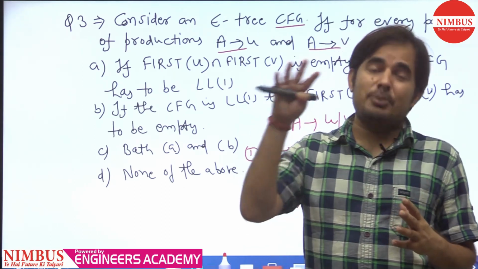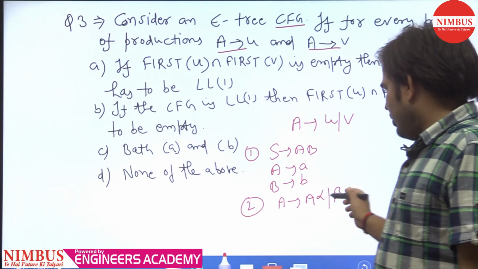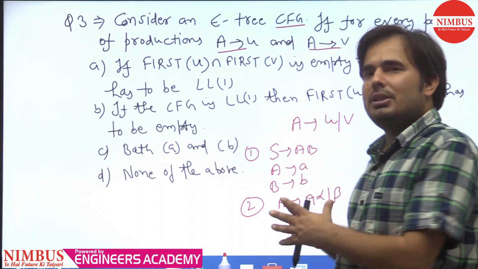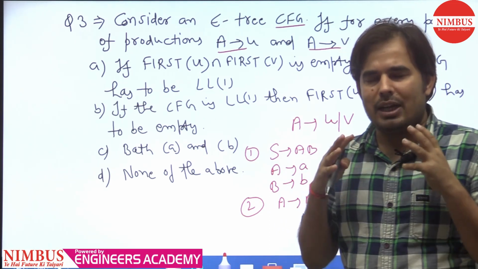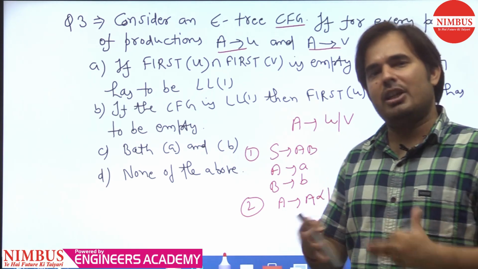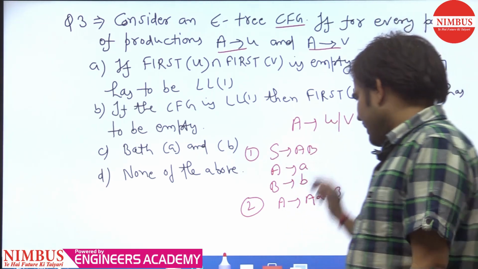If left recursion is present, then the grammar is not LL1. This is the second rule.